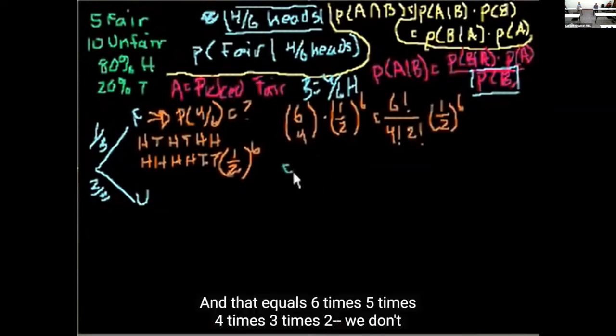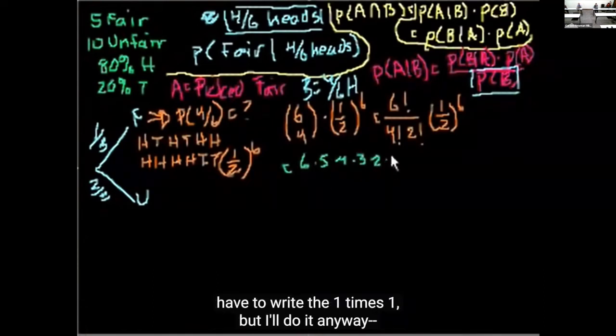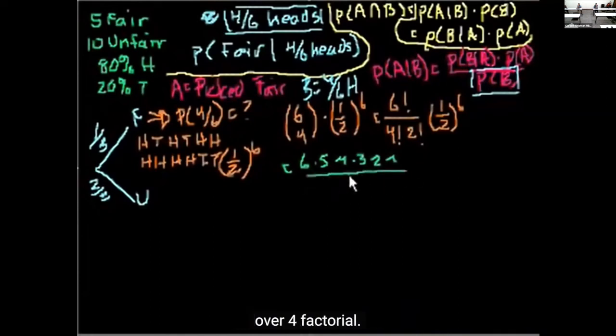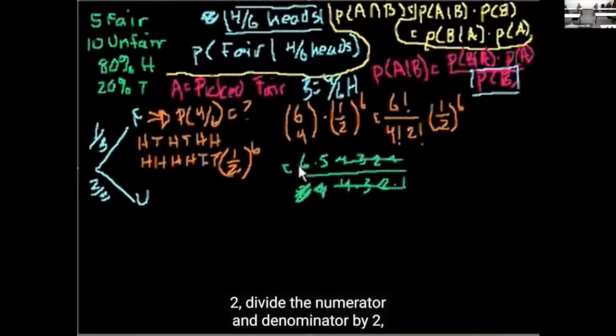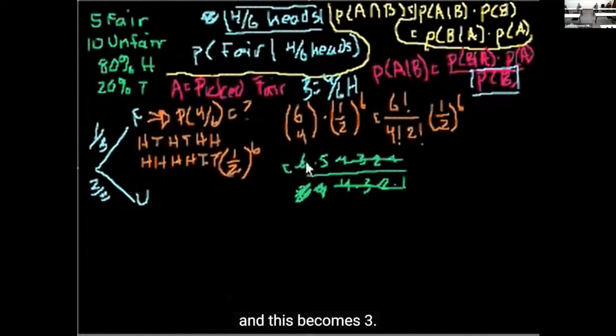That equals 6 times 5 times 4 times 3 times 2, over 4 factorial, 4 times 3 times 2 times 1, and then 2 factorial, 2 times 1. So that cancels with that. The 1 we can ignore. Dividing the numerator and denominator by 2, we get 3.